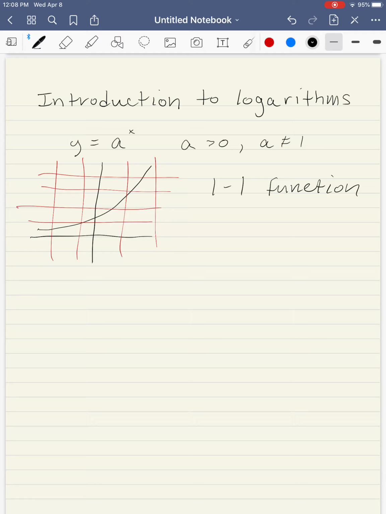For a review of one-to-one functions, look back at our lesson on inverse functions that we did earlier in the semester. So we can see that this function, y equals a to the x, must have an inverse because it is a one-to-one function. And remember how we find an inverse function is we switch the x and the y.